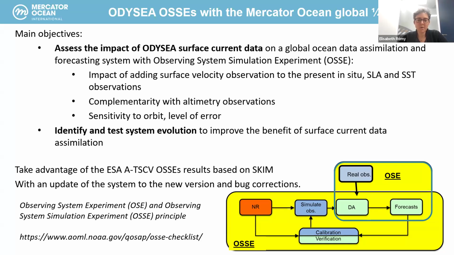Then when we assimilate those simulated observations, we can compare what we obtain to the nature run, which is supposed to represent the real world. Of course, there are several steps to calibrate those experiments. Here we chose a different model configuration, different forcings, and so on, to ensure differences between our simulated ocean and our forecasting system that mimic the difference that exists between the real ocean and our forecast model.